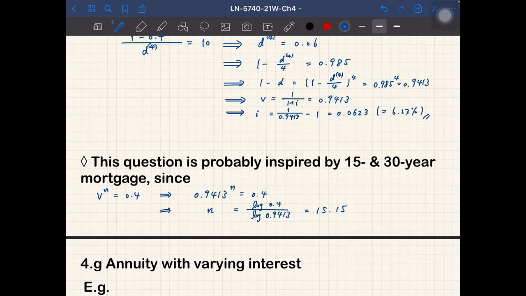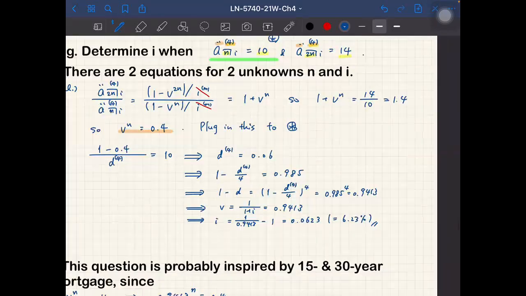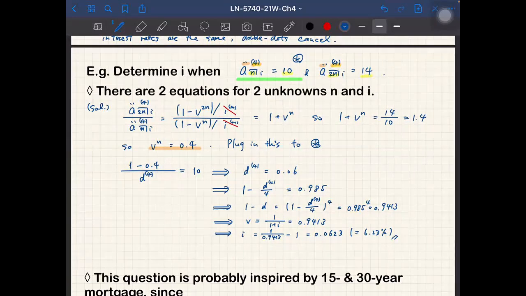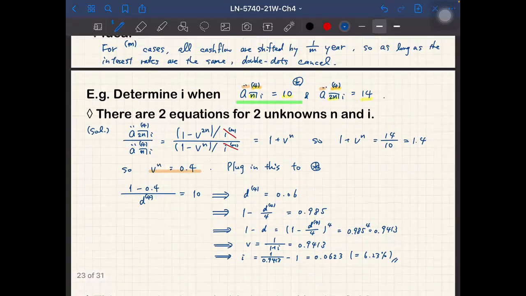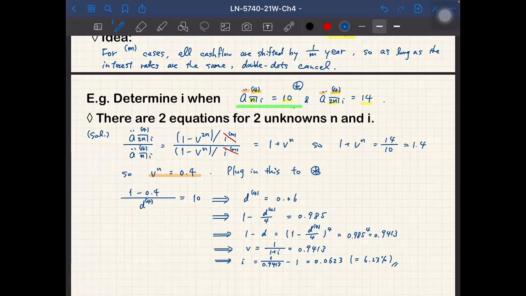So you can see that this question is probably inspired by the 15-year and the 30-year mortgages. Those are the most common mortgages in the United States. So you can see what this question means.